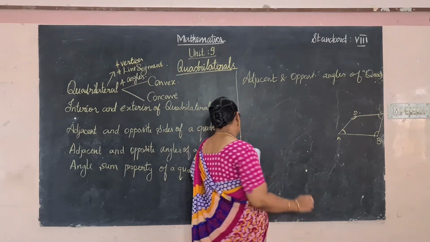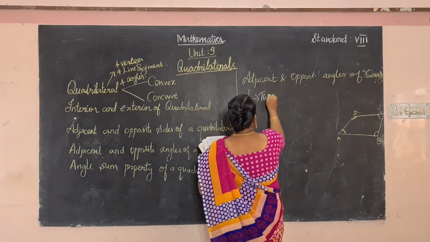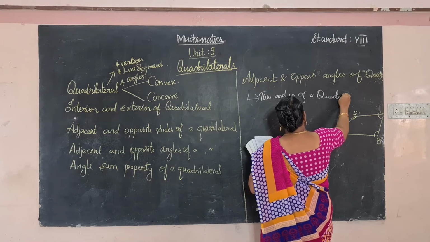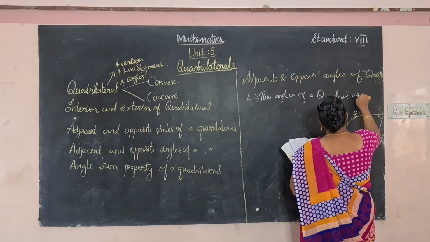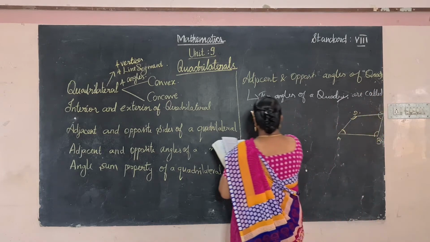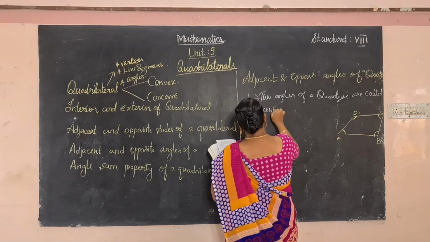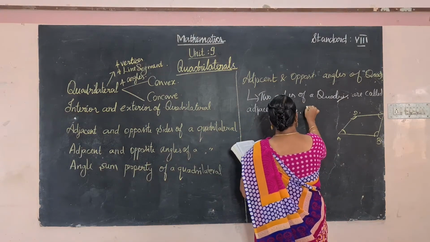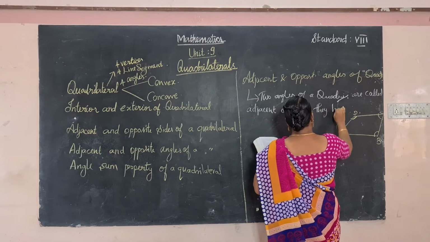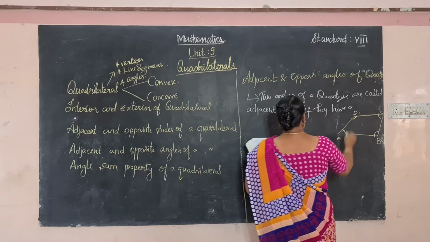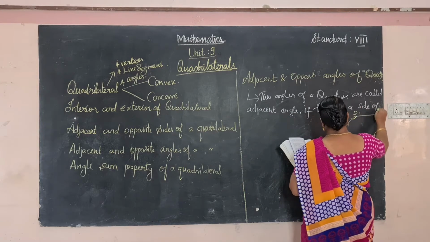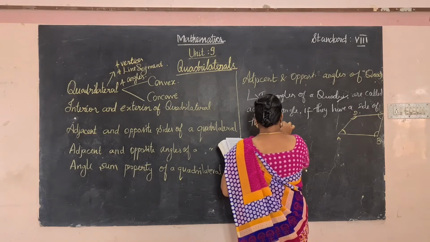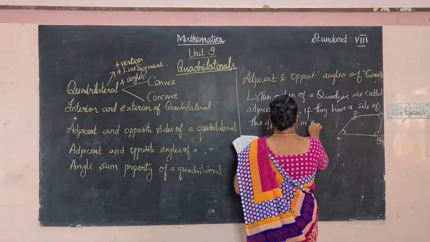So what is the definition of adjacent angles? Two angles of a quadrilateral are called adjacent angles if they have a side of the quadrilateral in common.